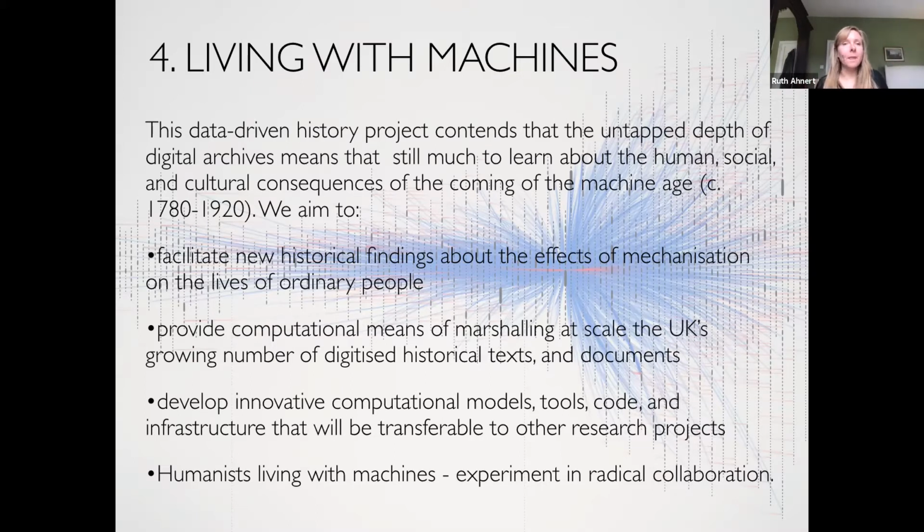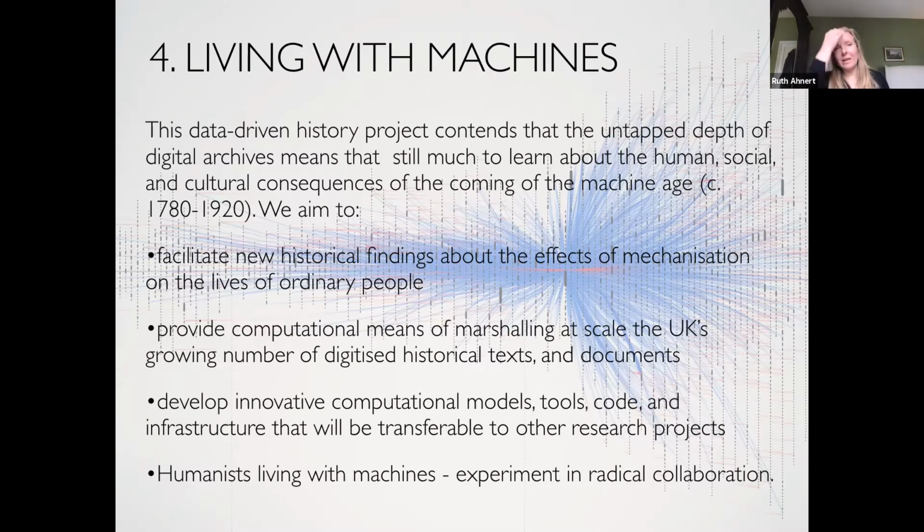The general aims of this project are to understand the human, social and cultural consequences of the coming of the machine age in the long 19th century. And we're aiming to facilitate new historical findings about the effects of mechanization on the lives of ordinary people, to provide computational means of marshalling at scale the UK's growing number of digitized historical texts and documents, and to develop innovative computational models, tools, code and infrastructure that will be transferable to other research projects.